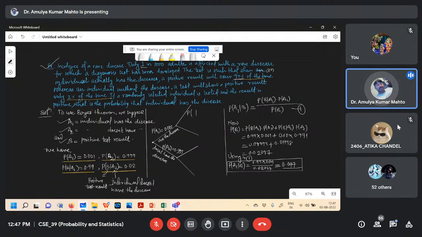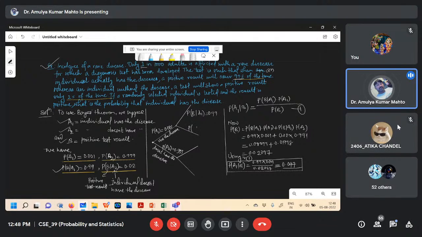So this is the probability. It is already given that A1, that person has that disease. Then what is the probability that the test result is positive? You can see this one, 0.99.